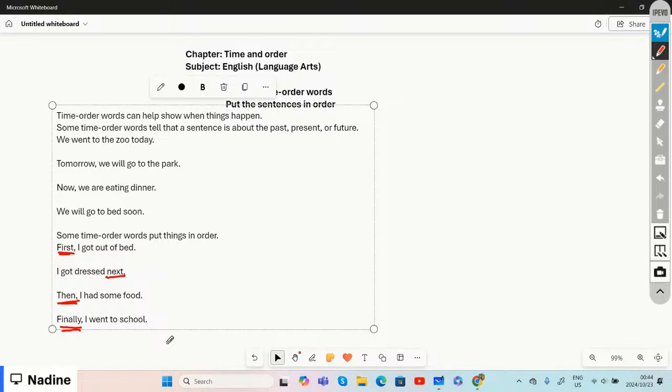All right. So do you slightly understand now? It tells us when certain things happen, whether it is happening now, whether it's happening yesterday, whether it's happening tomorrow. Do you understand now?